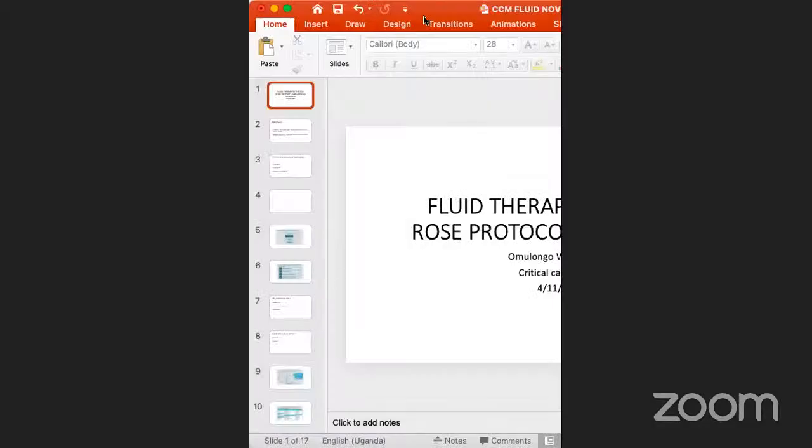It has 6 questions, and the first one asks which of the following is false regarding fluid therapy in the ICU. Select whatever answer you think is correct. Only one answer for number one is considered correct, in this case, considered false.